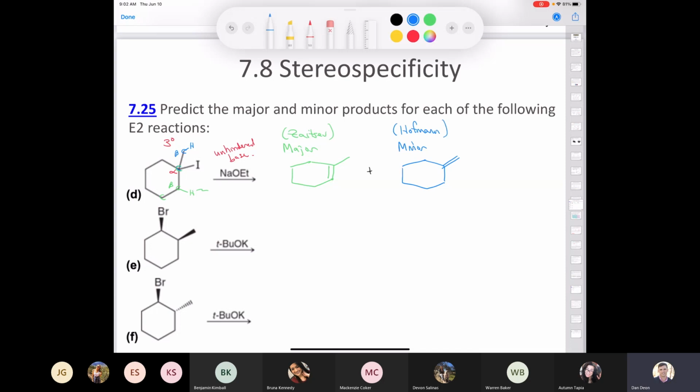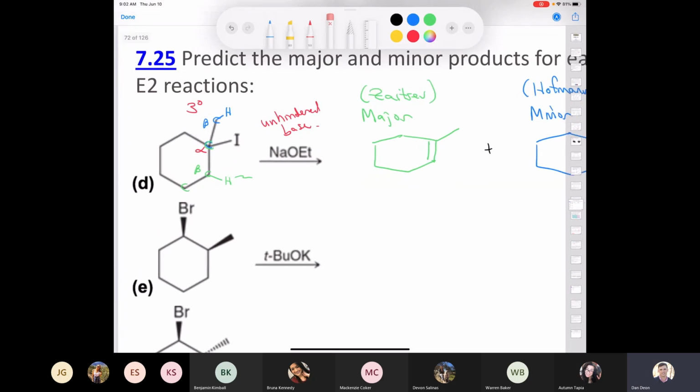Okay, there we go. So again, how do you solve a problem like this? If I just erase everything on here, I've got my alpha carbon. That's the one the iodine is attached to. I look at the 2 beta carbons. I've got this beta carbon, and I've got this beta carbon. Maybe I should be consistent with my colors here.